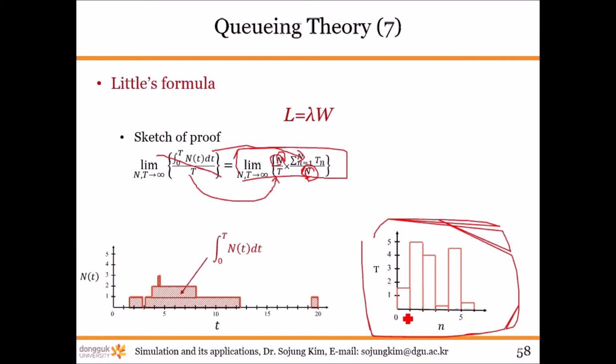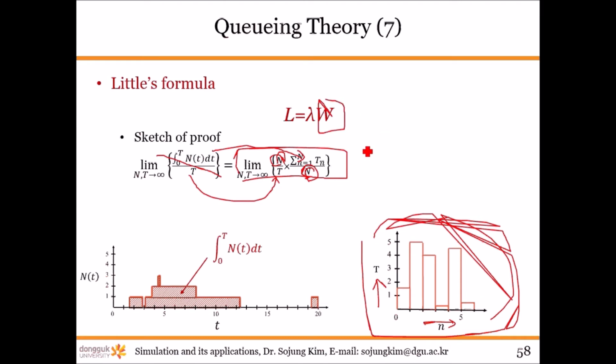So 0 customers, 1 customer, 2 customers, and so on. This is the number of customers, and this is the time in the system of each customer, first customer, second customer, and so on. So this gives you the W, right?